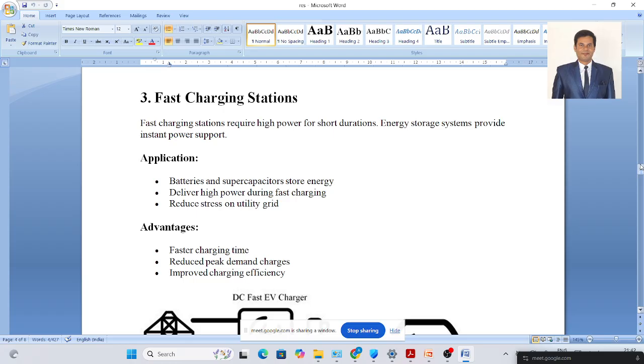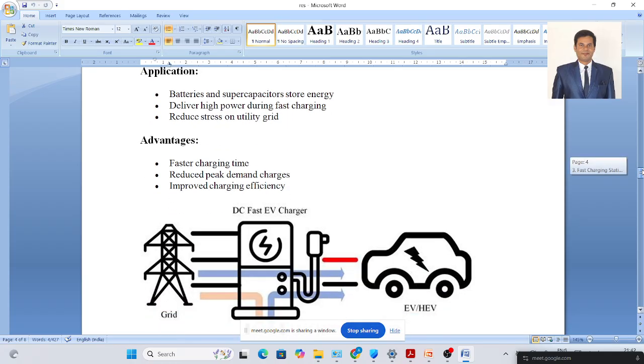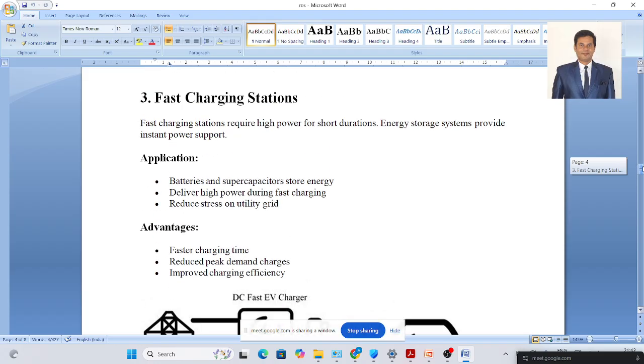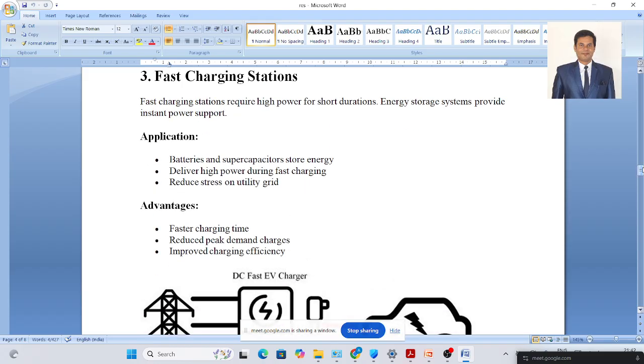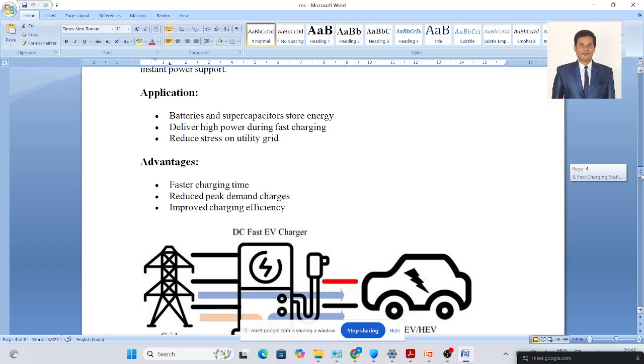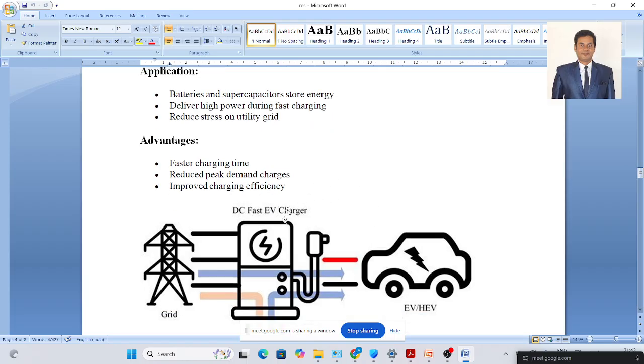It is also used in fast charging, right? This is one of the applications of energy storage for renewable energy. Fast charging requires high power for a short duration, where you can use DC fast charging to store the energy from the grid and supply it to the EV chargers, so you can charge electric vehicles or heavy electric vehicles.